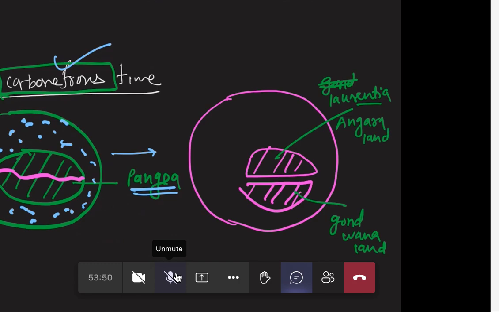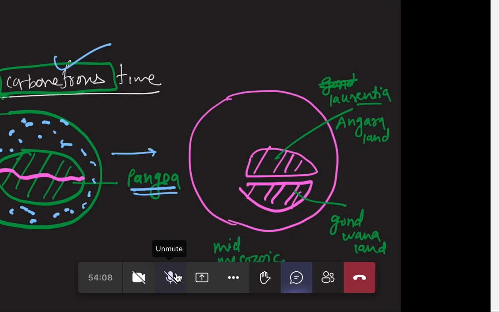Okay, so he says that in the late Carboniferous time there was a big continent called Pangaea, and around this there was a big ocean. Its name is Panthalassa. Now after some years, this some year is the mid-Mesozoic time.